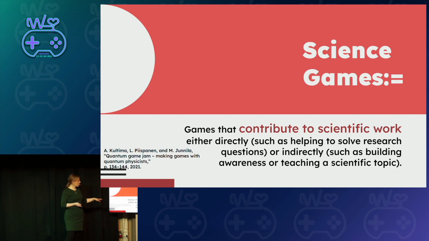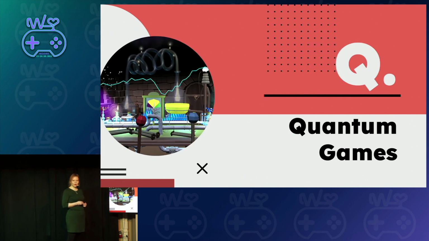And just a little note, we wrote a paper about quantum game jams, if you're interested. We used something similar to this to define science game jams. So this spurs out of that. So, quantum games. Here's again another picture. You can see this electric line over here going.